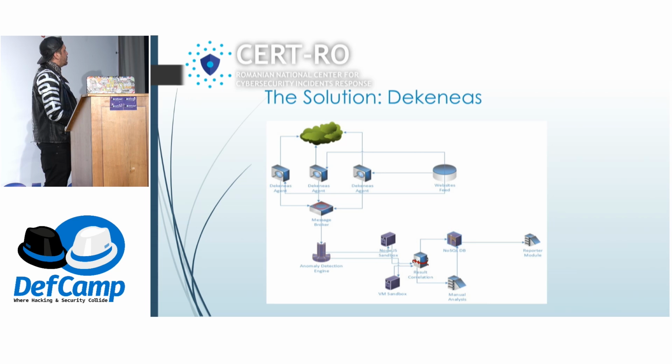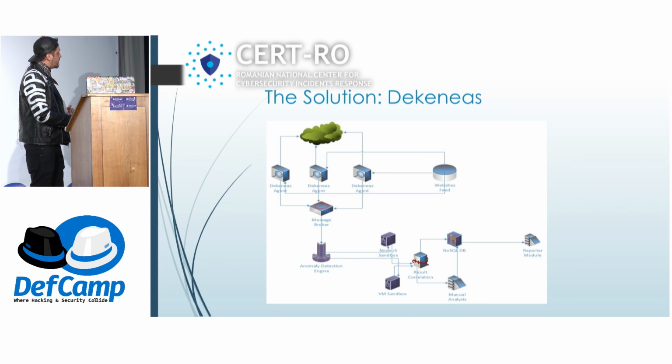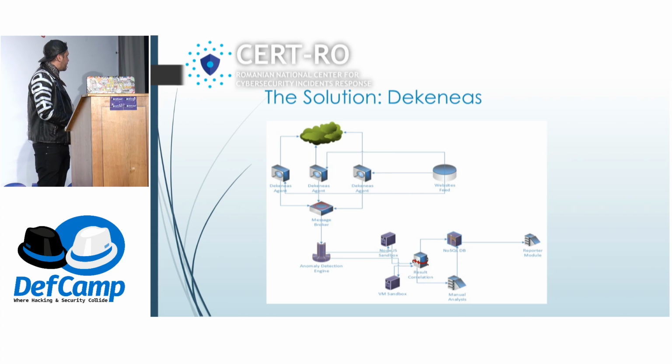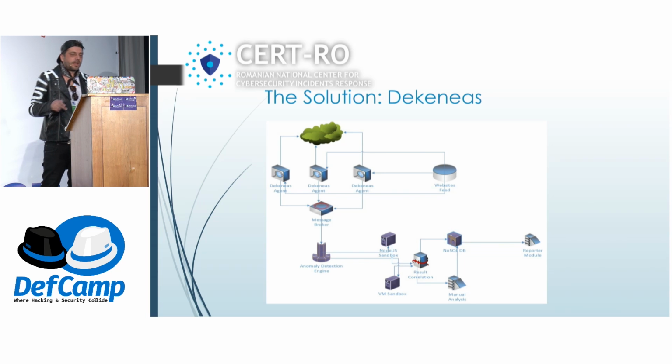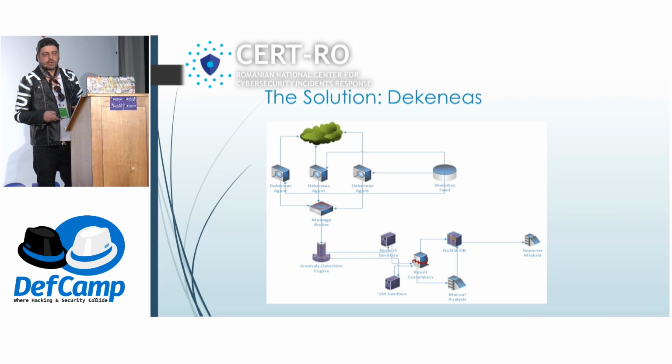One is a NodeJS sandbox. The other one uses Intel VT-x virtualization methods. This is the reporting part where the analysis and all the results are correlated. If there is a problem with any discrepancies or anything like this, all the URLs are submitted for manual analysis.